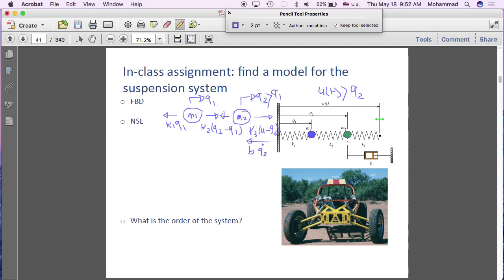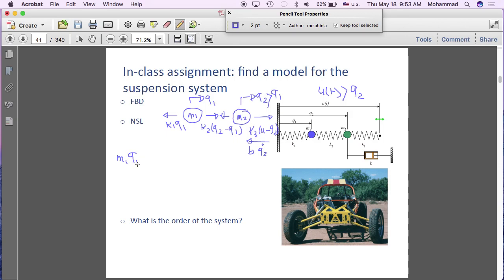Are we missing any other force? Or are we ready to write Newton's second law? Or do you have any questions about the forces, the directions? Okay. So let's go ahead and write Newton's second law for mass 1. So for mass 1, we have m1. What is the acceleration of the first mass? What variable shows the acceleration? q1 double dot, right?